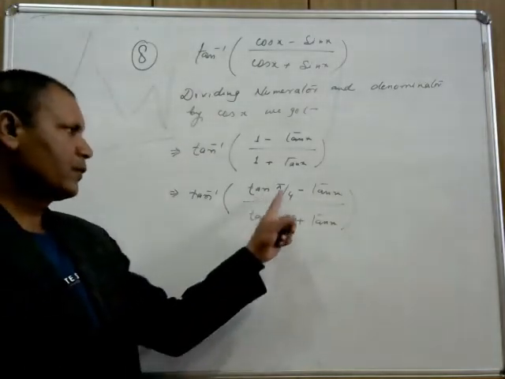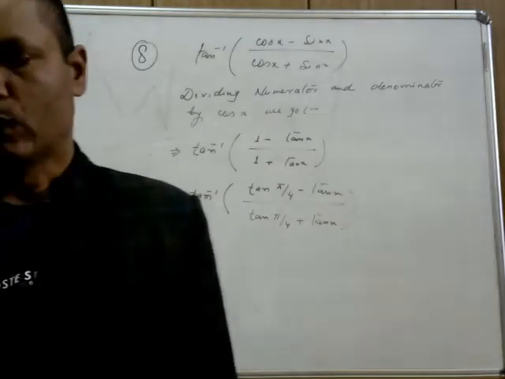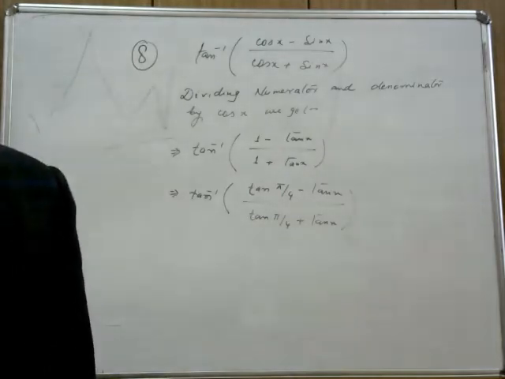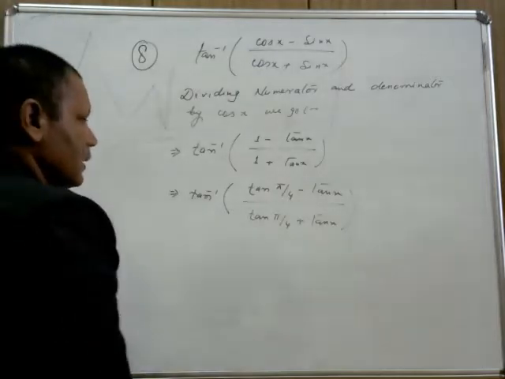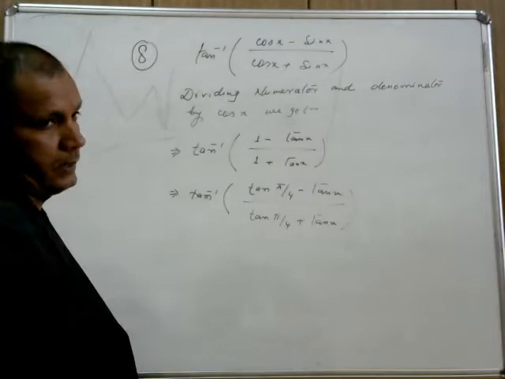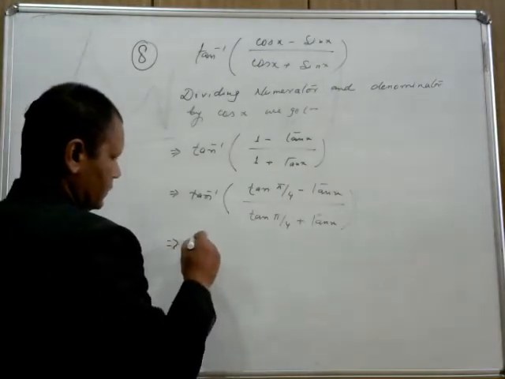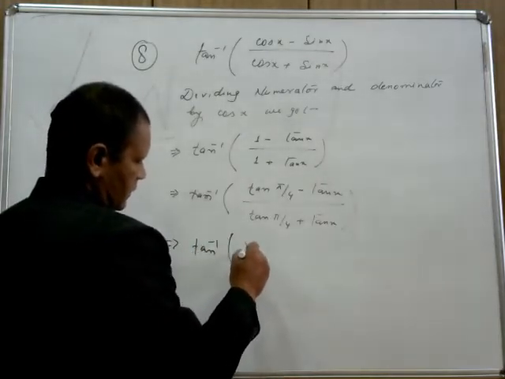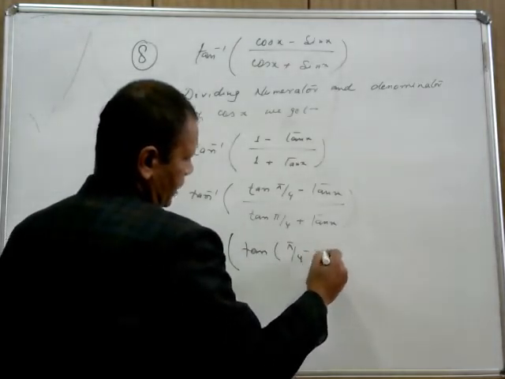Now tan pi by 4 minus tan x and tan pi by 4 plus tan x, what will we have now? Actually this is the formula for tan pi by 4 minus x. Tan pi by 4 minus x. Therefore I write now this is equal to tan inverse tan pi by 4 minus x, right?